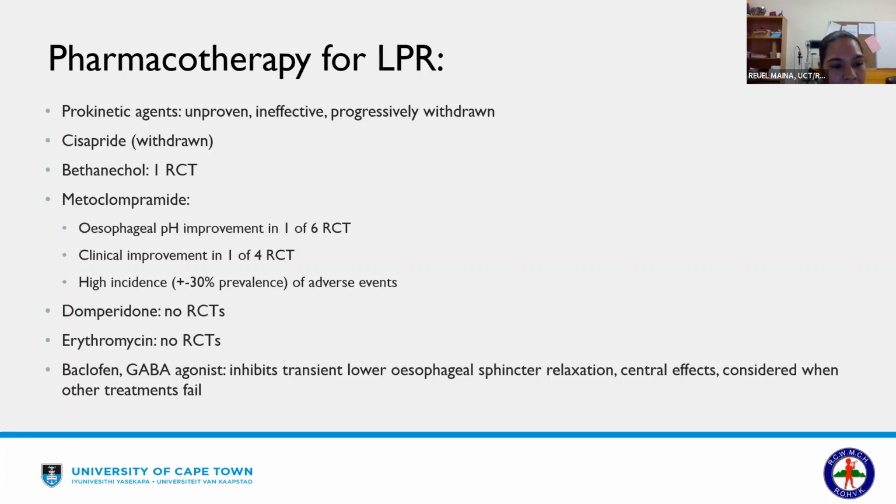However, there was a higher incidence of adverse events within these trials.